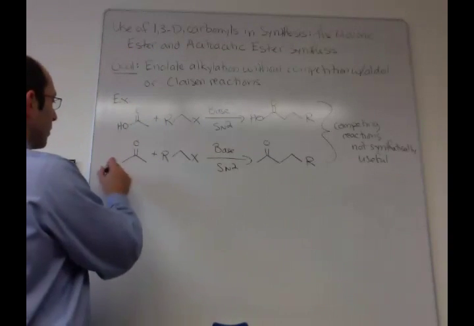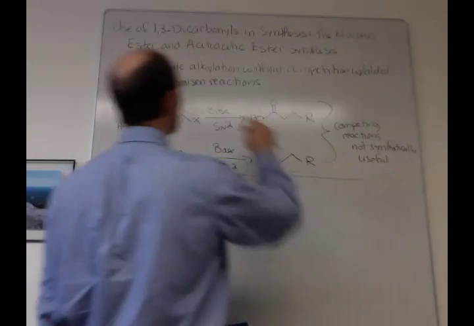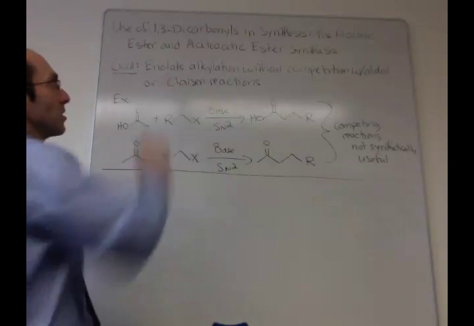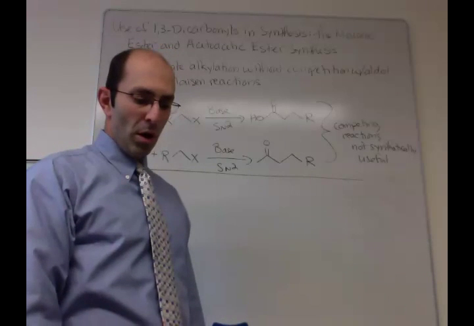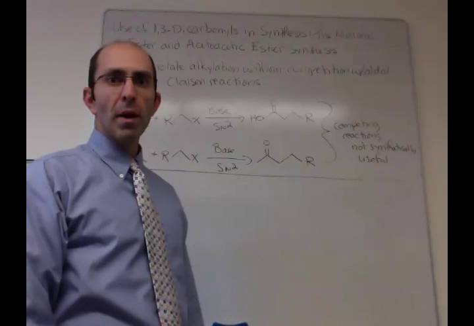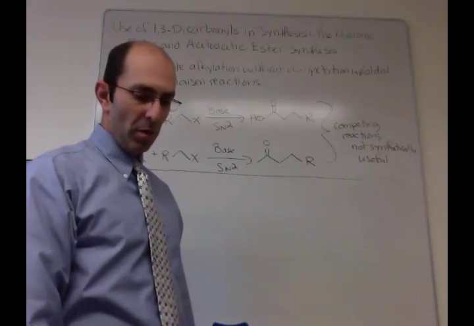So the solution are these up here, the malonic ester synthesis and the acetoacetic ester synthesis. So let me just show you what these things look like, and then we'll go through the mechanisms so that it's hopefully pretty clear what's going on.